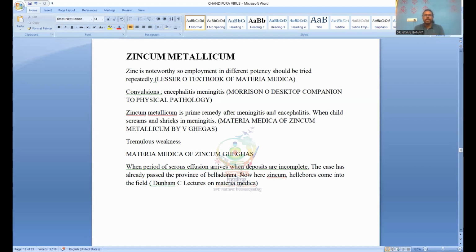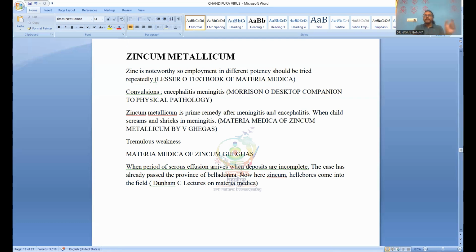That is what is written by Lilienthal, textbook of Materia Medica. Convulsion, encephalitis, meningitis. That is what Morrison, Desktop Companion to Physical Pathology, has written. Zincum is the prime remedy after meningitis and encephalitis when child screams and shrieks in meningitis.